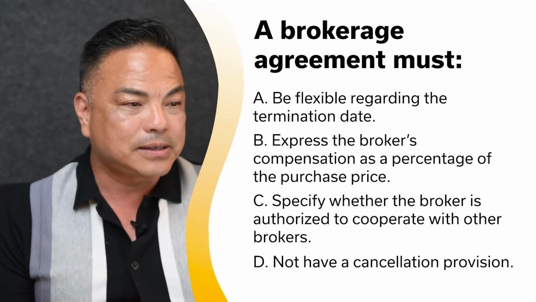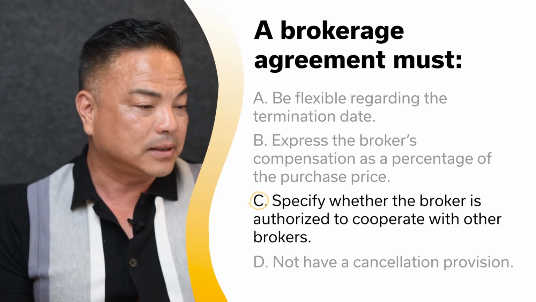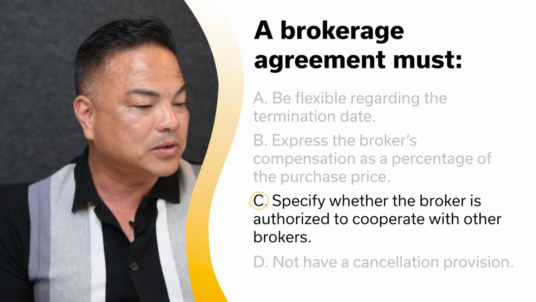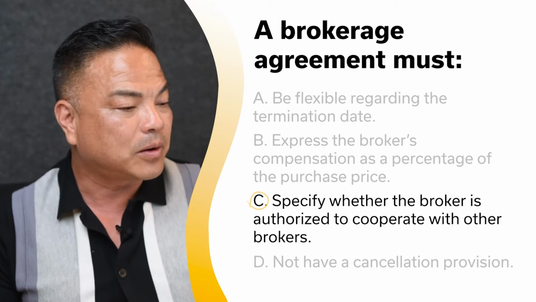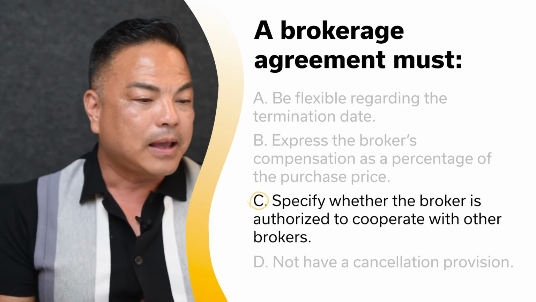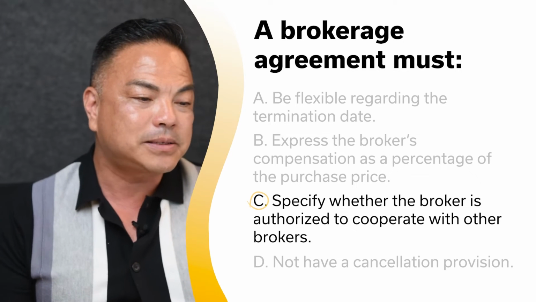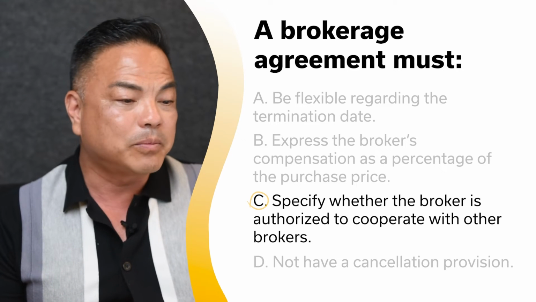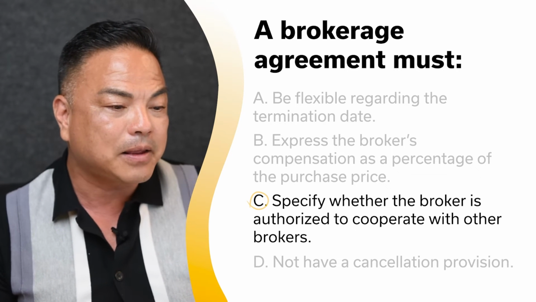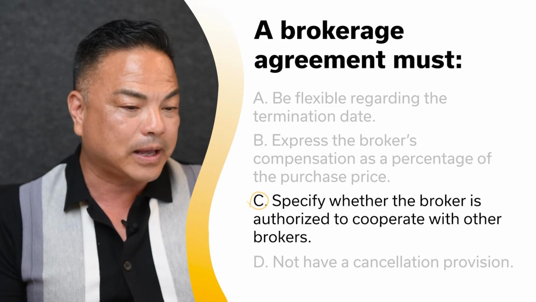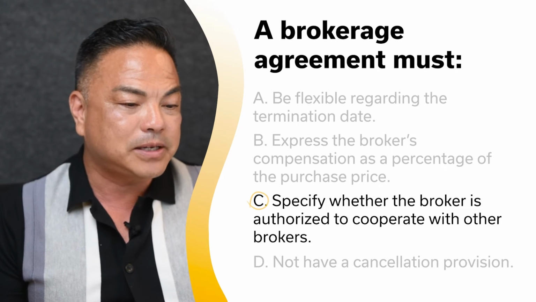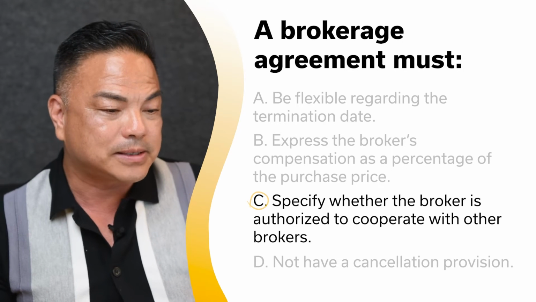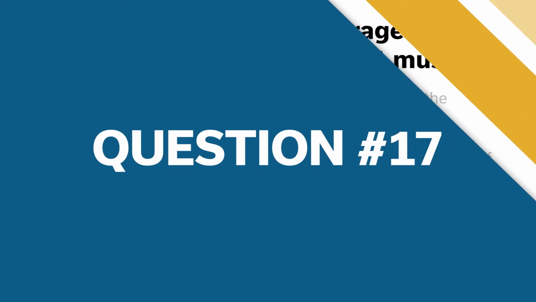And the answer is C as in Charlie. Specify whether the broker is authorized to cooperate with other brokers. A brokerage agreement must specify whether the broker is authorized to cooperate with other brokers and the amount of compensation for that. Although most compensation provisions are based on a percentage of the purchase price, it could be a specific amount.